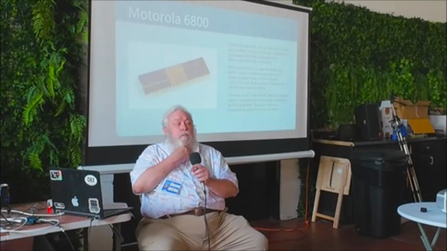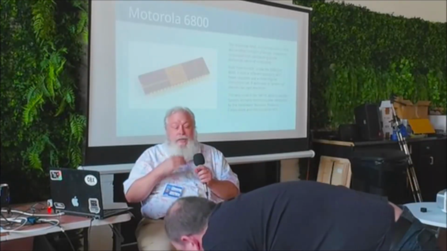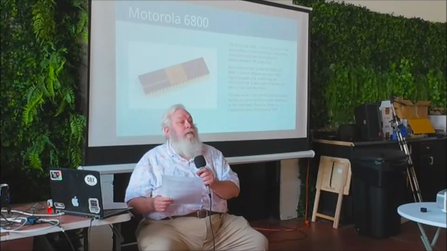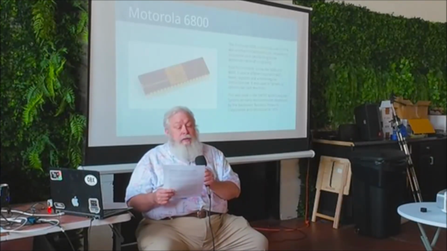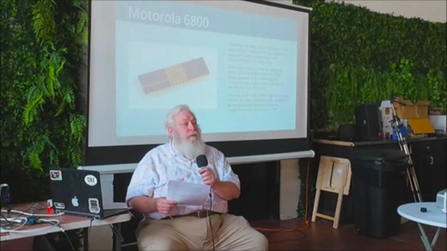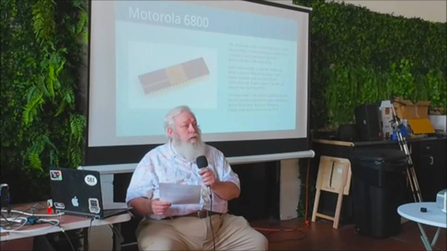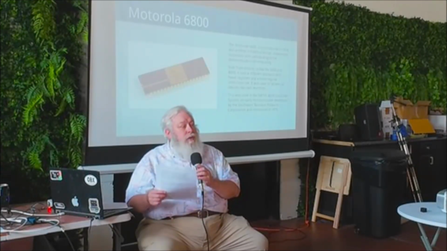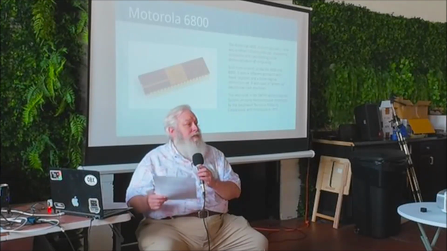So then, Motorola came up with the 6800, which was a similar processor, but it was completely designed from the ground up to be different. So it had a smaller number of registers and a more orthogonal instruction set, so that an instruction would do things with different types of memory access. It still was the same instruction.